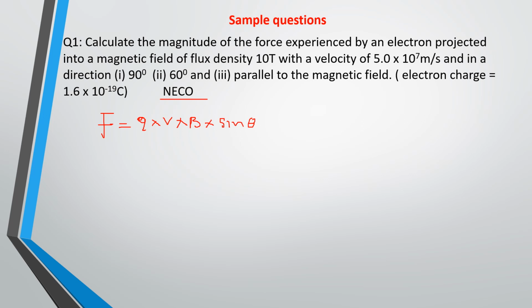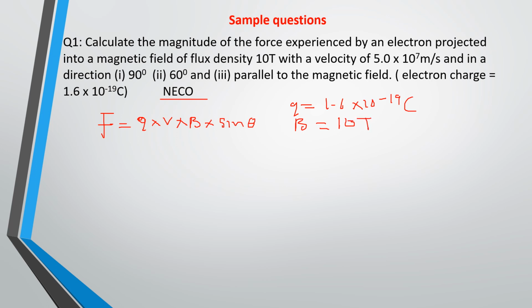Then for this particular question, you are given Q to be 1.6 times 10 raised to power minus 19 coulombs. You are given B to be 10 Tesla.